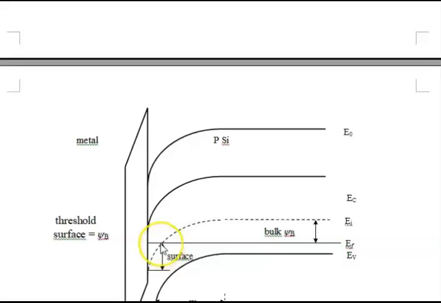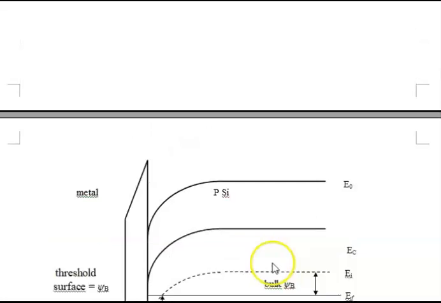So right at this point, we start weak inversion, and then we continue to increase the magnitude of the gate voltage in a positive sense, such that we get to a point where this distance right here, which for want of a better term I can call the surface band bending, is equal to the bulk distance up here. So when this distance here becomes equal to this distance, we get strong inversion.